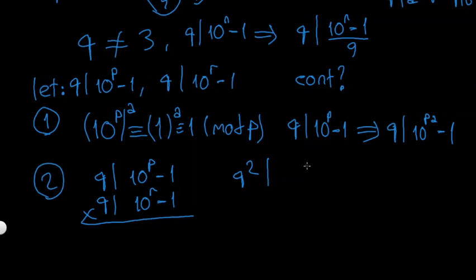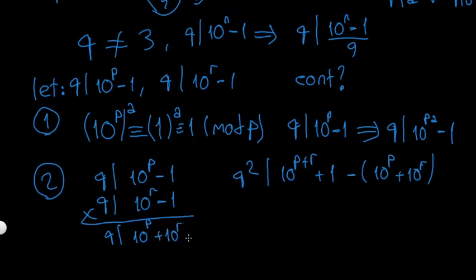Just this multiplication, okay? 10 to the p plus r, and then I'm going to have plus 1 and minus the sum of these two, minus 10 to the p plus 10 to the r. And well, I could also just add them, and I would see that q would divide 10 to the p plus 10 to the r minus 2. If I add them, q also divides that.